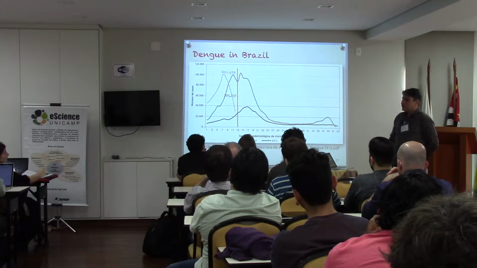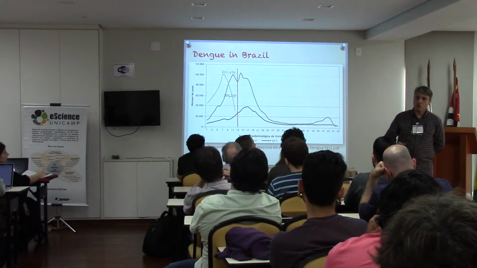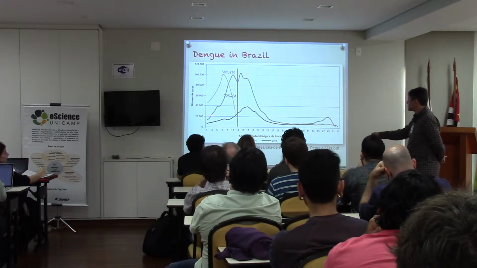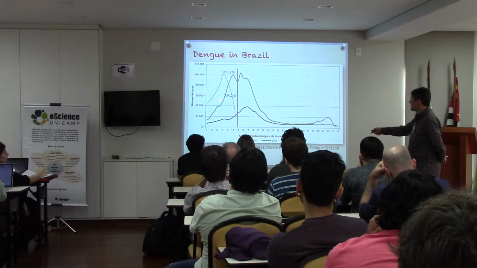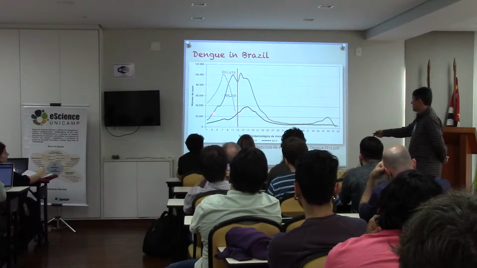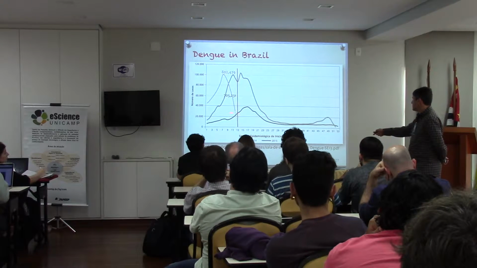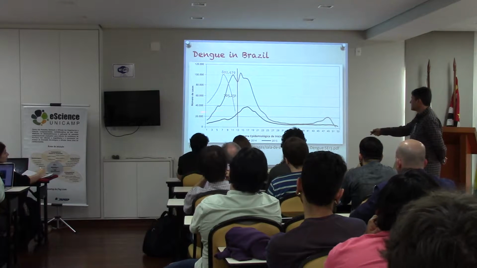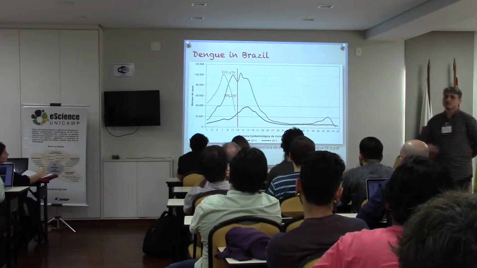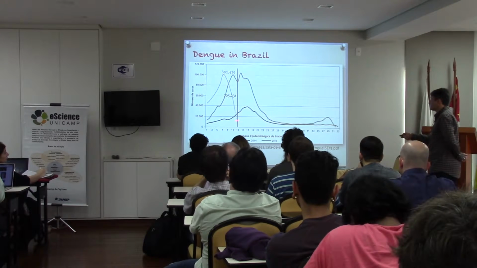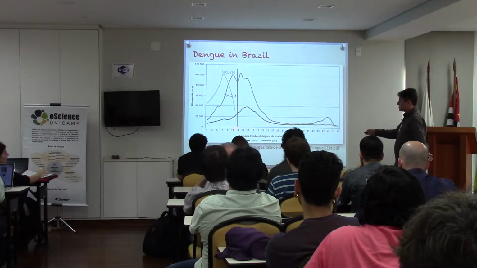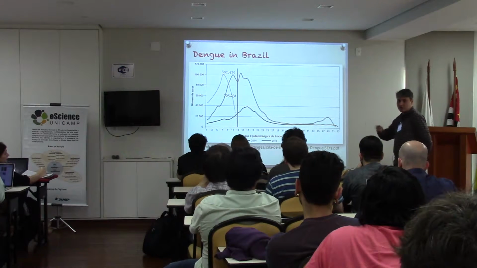And in 2015, right before people started talking about Zika, there was a huge increase in the number of cases. I didn't get the number here, but there were less than 30,000 reported cases of dengue in 2014 by the 13th week. I'm just showing up to the 13th week of the year.